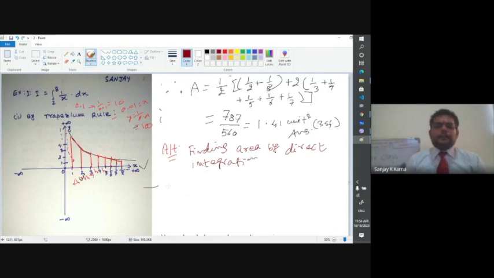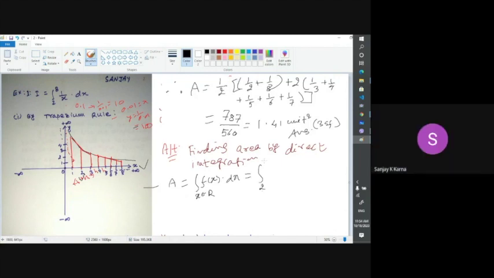So you know that the area in this case is the integration of the given function f(x) dx, and x belongs to R, meaning any real number. So in this case the given range of values of x is from 2 to 8, and the f(x) value we have is 1 by x.